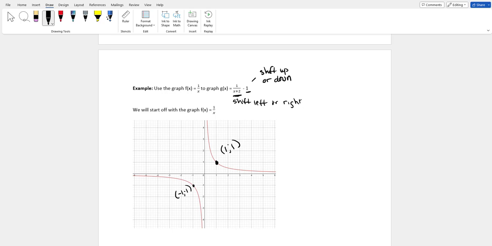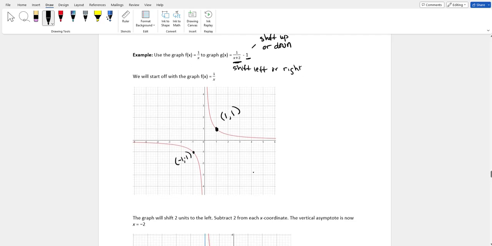Okay, so we have to go back to the horizontal and vertical shifts that we learned earlier in another section. If we have x plus 2, we will shift 2 units to the left because we got plus 2 here.